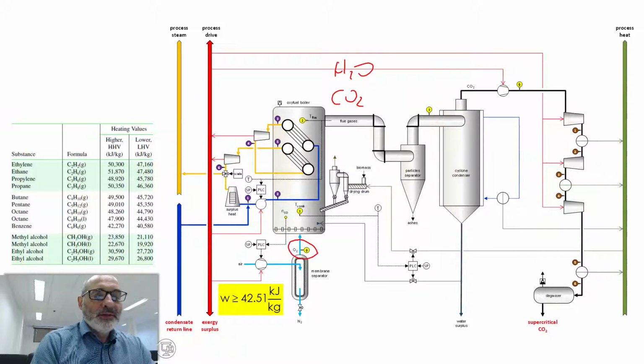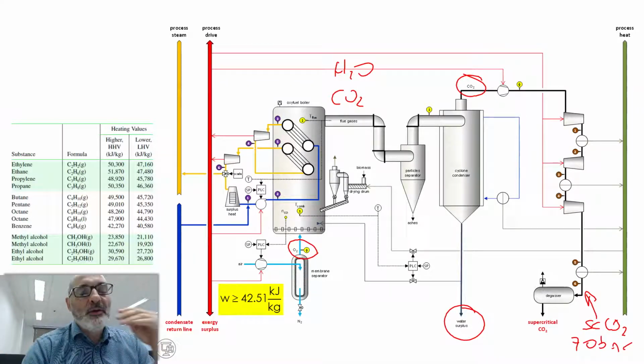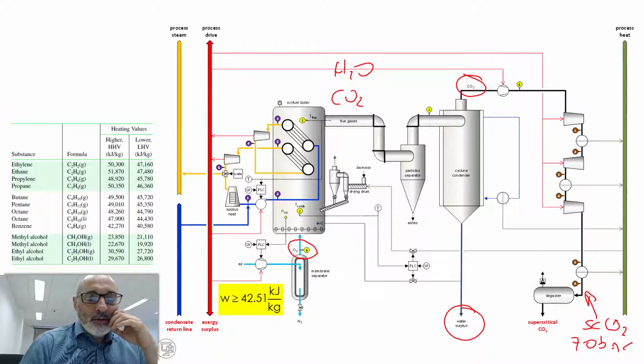We cool these gases and we get water out, so we have pure CO2 here, at low pressure. So what we do next, we compress in order to get supercritical CO2, SCCO2. Supercritical means that pressure is going to be greater than 70 bar, for instance, and the temperature 30, 40 degrees or something like this. So we're going to compress CO2.